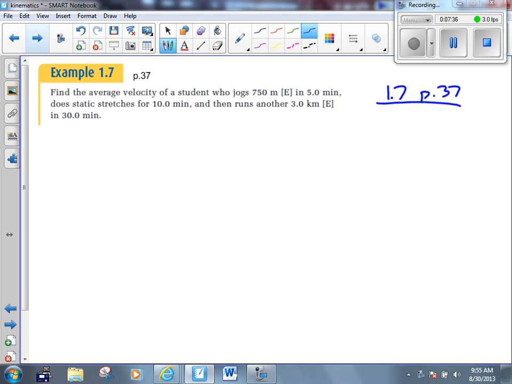It says, find the average velocity of a student who jogs 750 meters to the east in 5 minutes, does static stretches for 10 minutes, and then runs another 3 kilometers to the east in 30 minutes. What's the average velocity? Well, we've got some times here. What's the total time here?